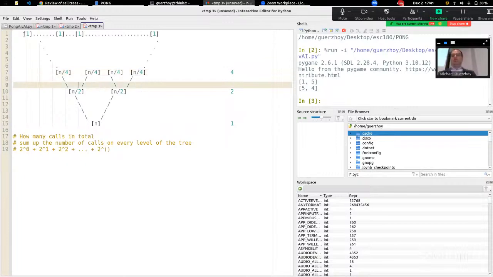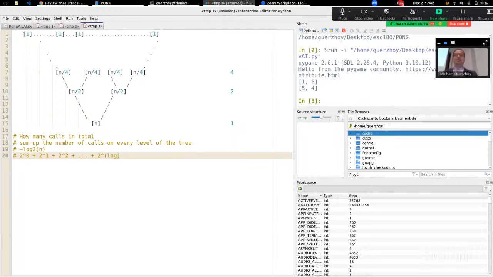Okay, so we have log 2 n levels. That means that the last term here is 2 to the power of log 2 n. Make sense?